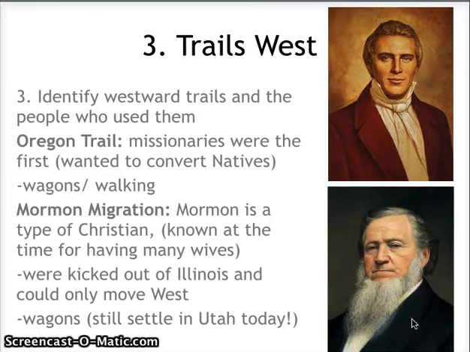Brigham Young is the one who forces Mormons to migrate to what is today known as Utah, Arizona, parts of Nevada as well. Now, just a little fact about Brigham Young. He had 55 wives. So one man and 55 wives. This is part of the reason why they were kicked out of the eastern part of the U.S.